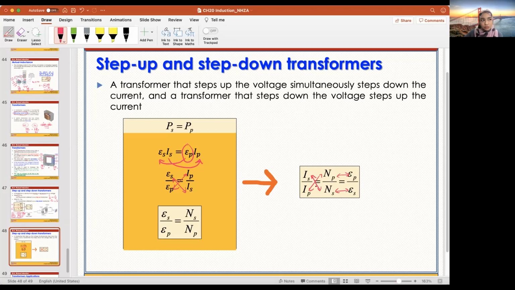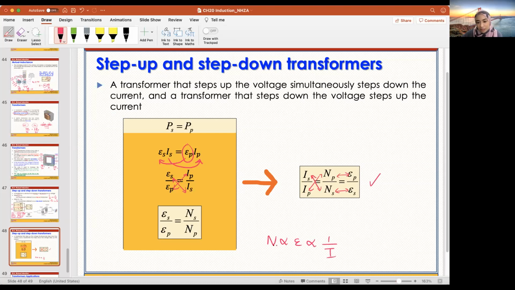So how do you remember this equation? I don't have any tips except for you to derive it if you want, or you just have to try to remember this. Okay? Either derive it or just memorize it like this. So N is always proportional to EMF, inversely proportional to current. N proportional to EMF, inversely proportional to current.